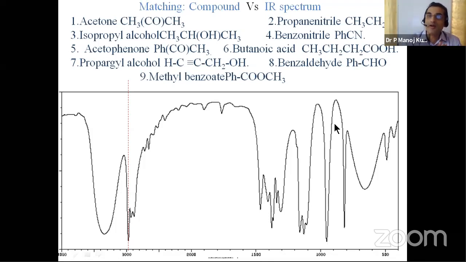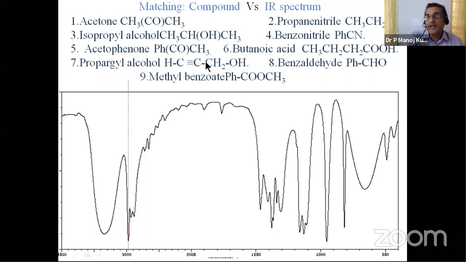It's isopropyl alcohol. If you observe the first zone, as we have already seen, the OH group you will get at a higher wave number. And the OH group you will not get around 3000. If you get an OH group around 3000, you say it is an acid. OH group around this 3600 region always indicates an alcohol. But again, you have two types of alcohols: one is propargyl and the other is isopropyl.